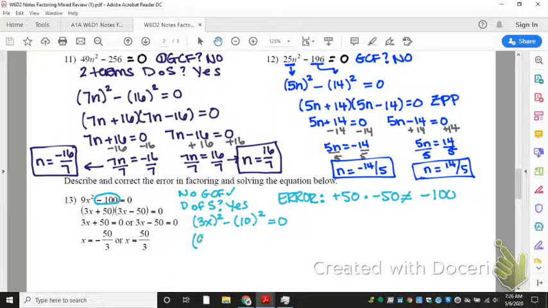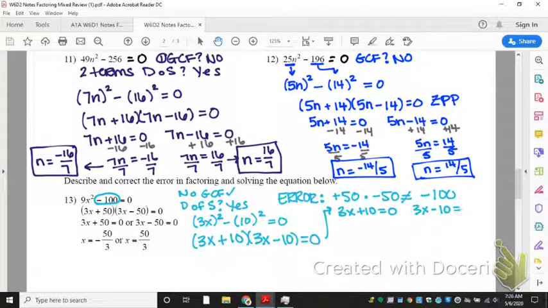So we're going to factor difference of squares. 3x plus 10 multiplied by 3x minus 10 equals 0. Set each one of those factors equal to 0. So 3x plus 10 is equal to 0. 3x minus 10 is equal to 0. So take your time, show all of your work. 3x is equal to negative 10, divide by 3 on both sides.